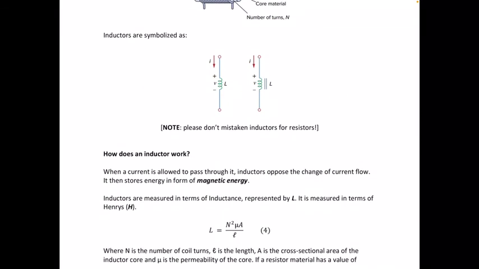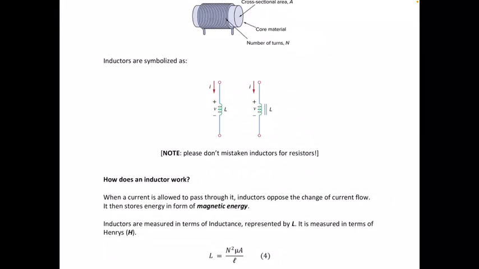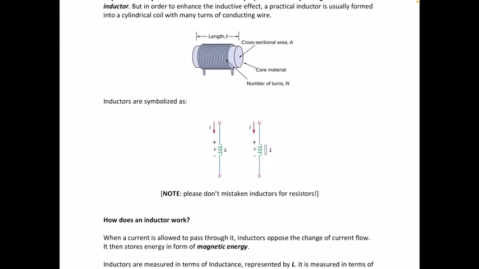So how does an inductor work? When a current is allowed to pass through it, inductors oppose the change of current flow. It then stores this energy in form of a magnetic energy. So inside the coil and even outside, there is a magnetic field that is formed by the orientation of the current carrying wire.